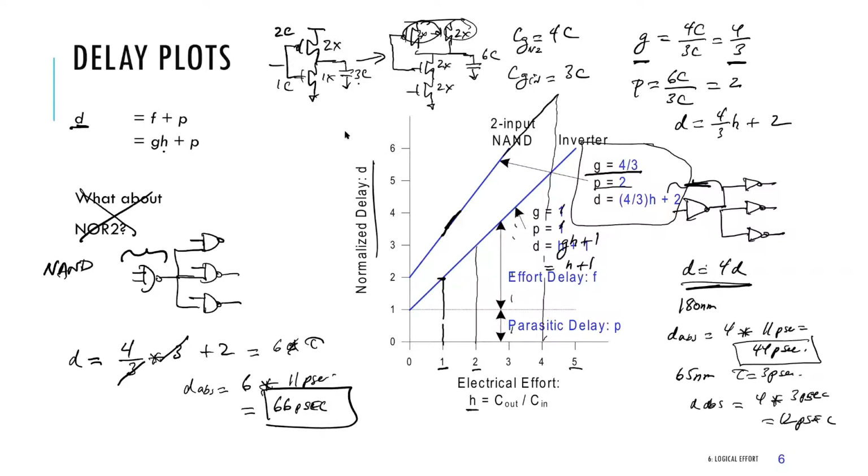Professor, I just had a quick question. For your G and P, where did you get your 3C from again? In the top right, when you're doing the logic drive and the parasitic, you have this one here.